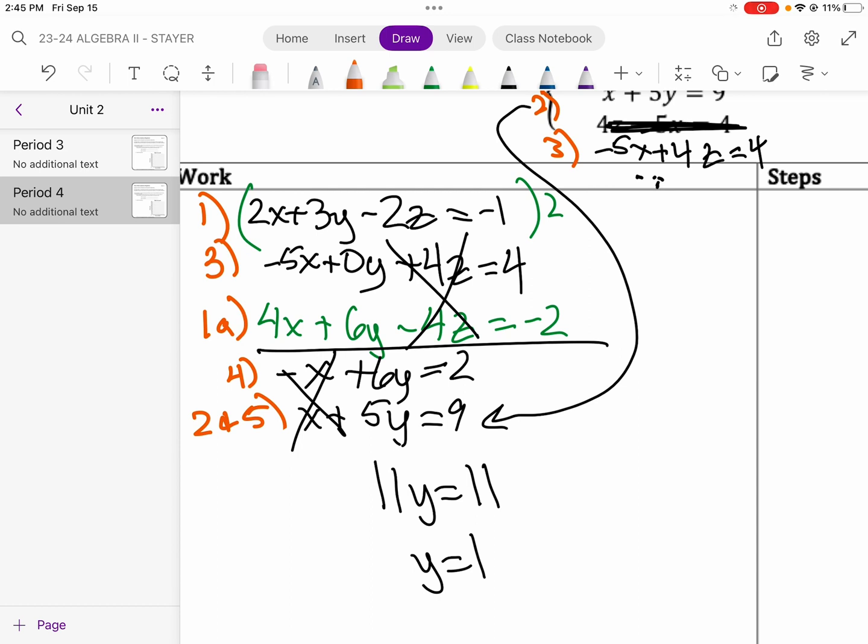I could have also said 4. Let's plug it into 5 as Sierra is suggesting. X plus 5y equals 9. X plus 5 equals 9. X equals 4.